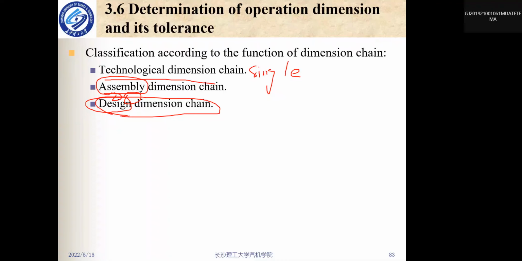The first classification method is classification according to the function of dimension chain. I will repeat all of the points.